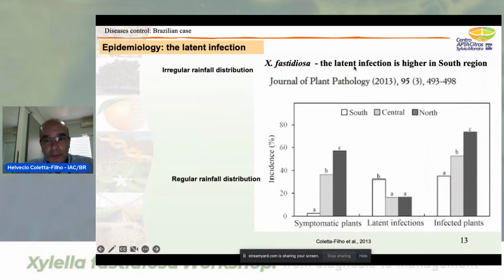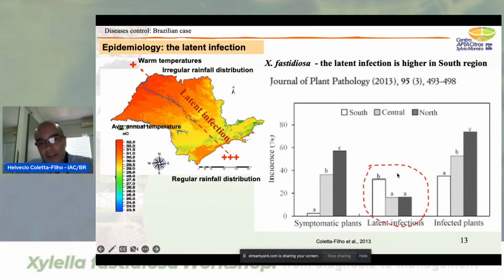And also, it is important when you're talking about the latent infections. The latent infection is higher in the south part of São Paulo state because we don't have good conditions for disease expression in the south, but you have good conditions for disease expression in the north part of São Paulo.